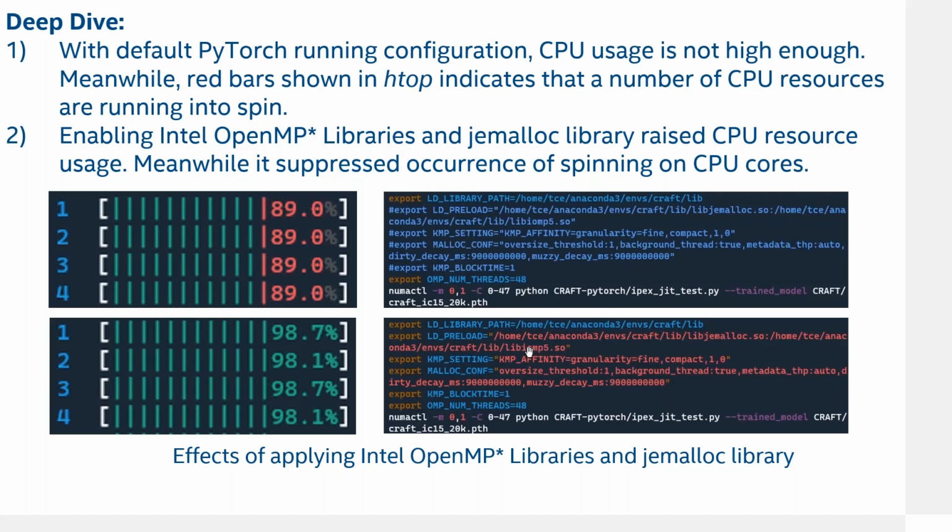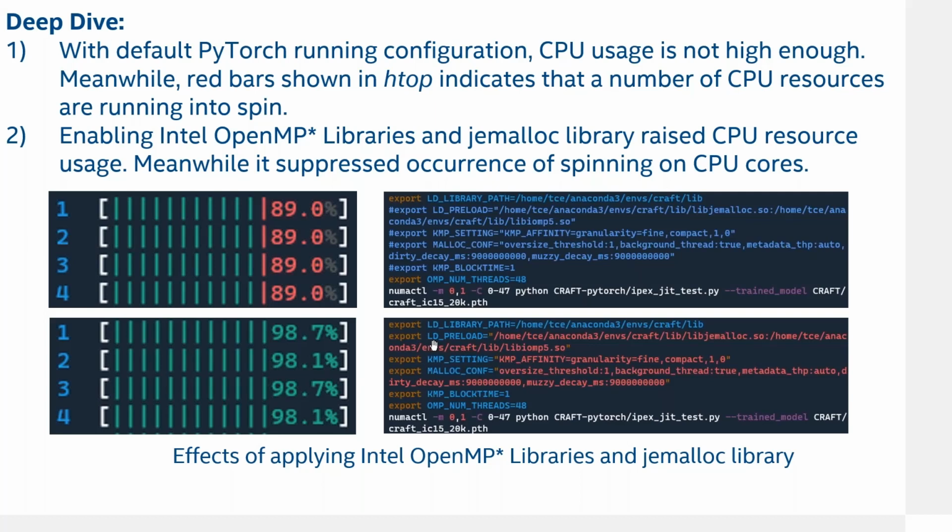Also, jemalloc and IOMP have some specific environment variables like KMP_AFFINITY, KMP_SETTINGS, MALLOC_CONF and KMP_BLOCKTIME. Without these libraries, with the default PyTorch libraries, we can see that less than 90% of the CPU time was used, and also this long red part, which indicates that some low-efficiency operations were running inside the Linux kernel.